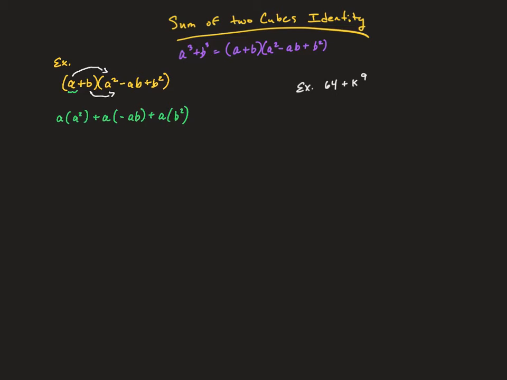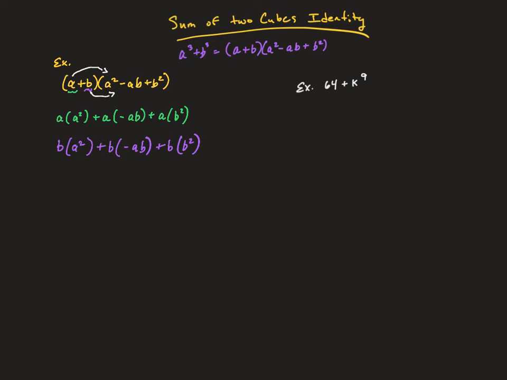And then I'll do b in purple. I'm going to have b times a squared plus b times negative ab plus b times b squared.